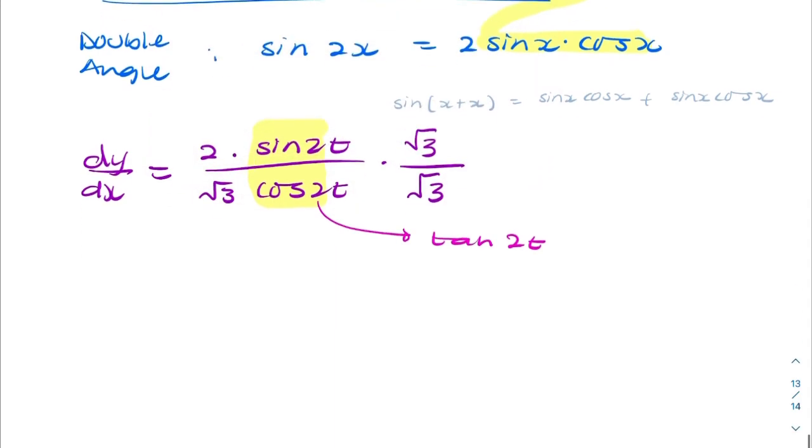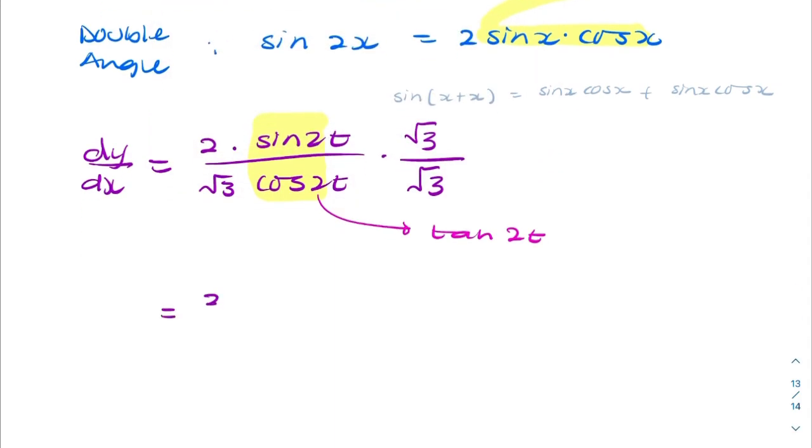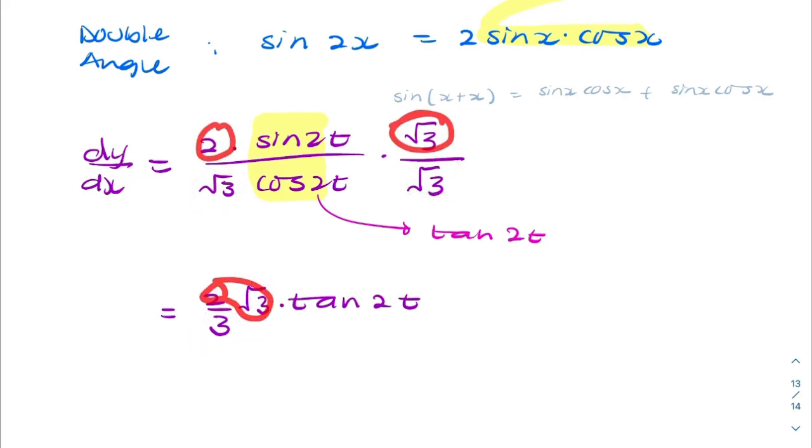So your final answer will look something like 2 over 3 root 3 tan 2t. So that multiplied by that gives you 3. That multiplied by that gives you that. And sine over cosine gives you tan.